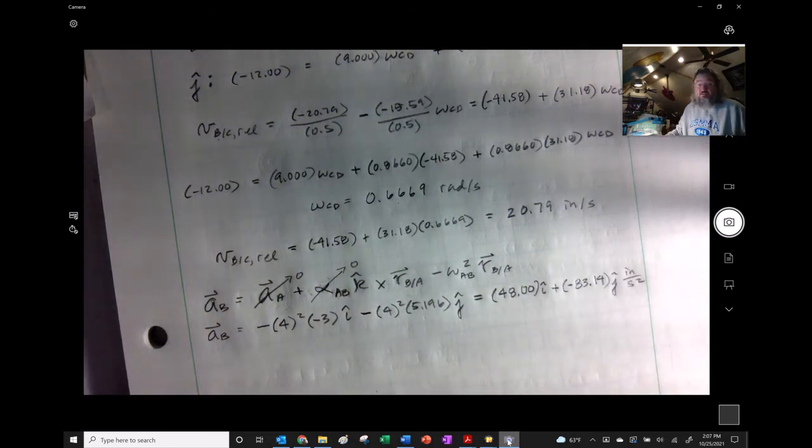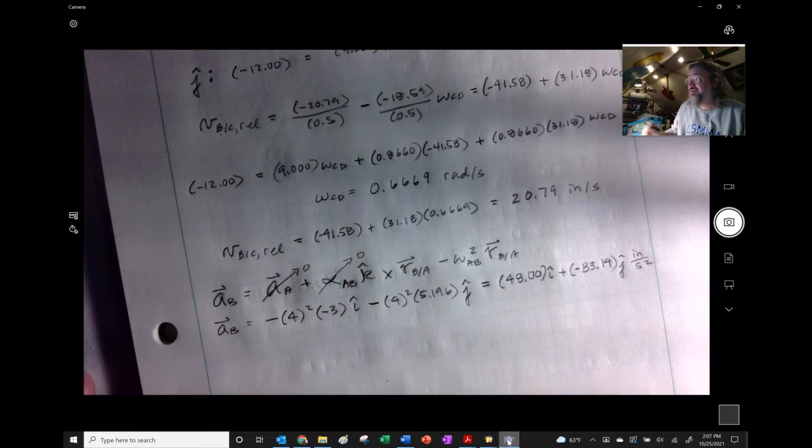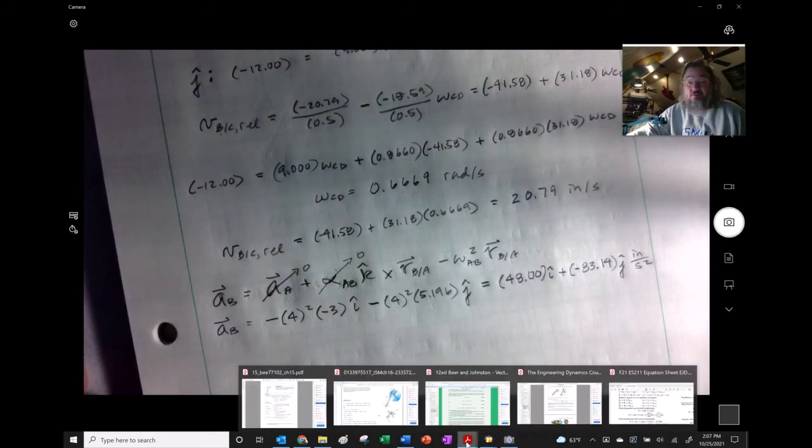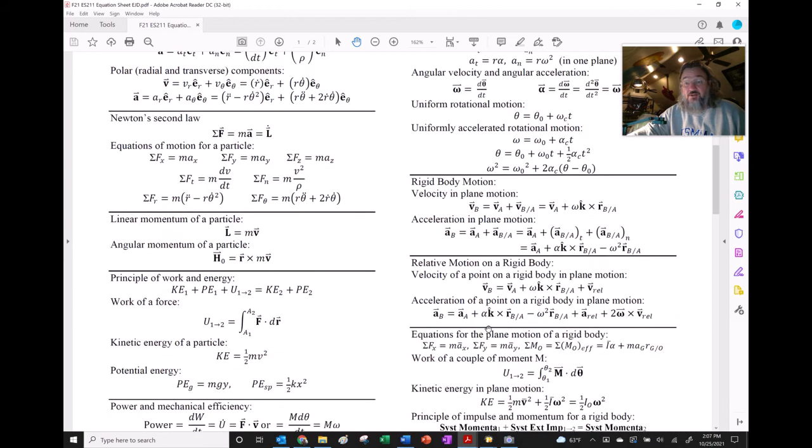All right, so there's the acceleration of B. Now we're going to write the acceleration of B, and this is going to be a long one. We will write it out with all of these things inside. The acceleration of B is going to be equal to the acceleration of now C, because that's the one we're talking about.